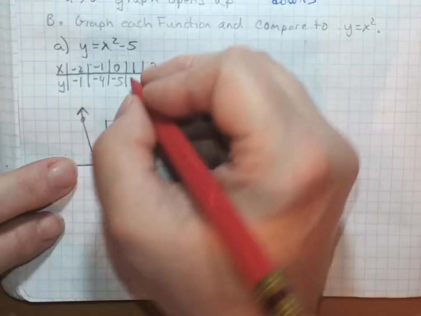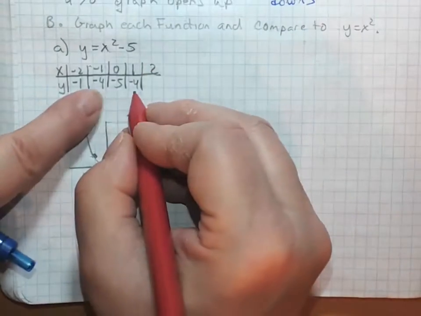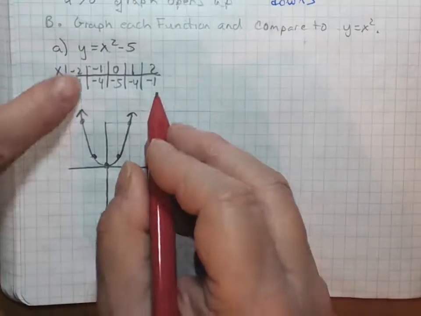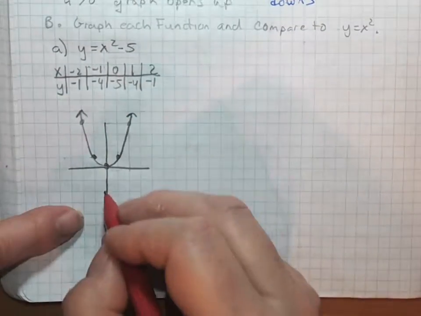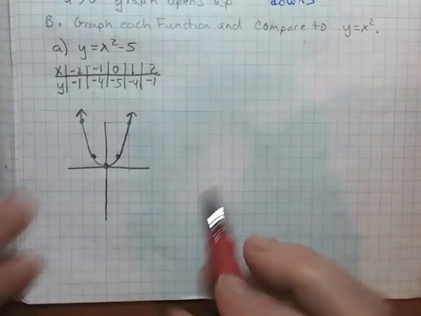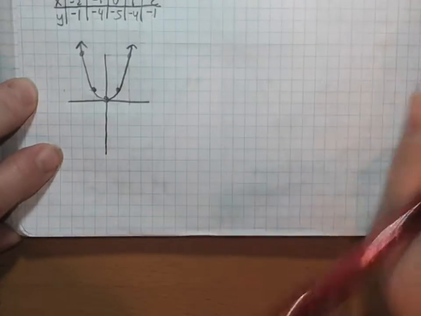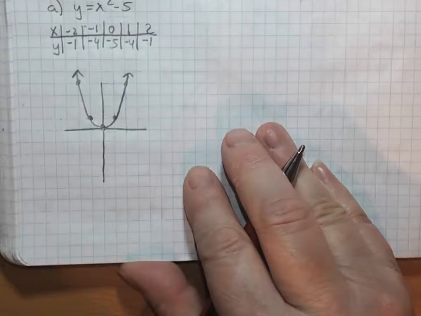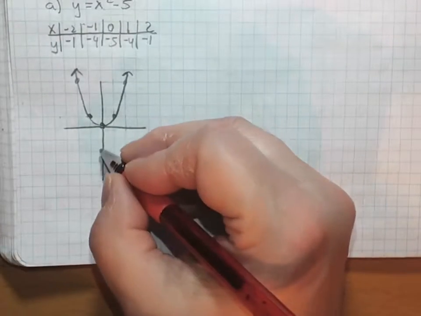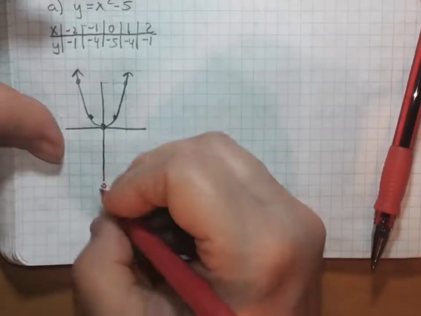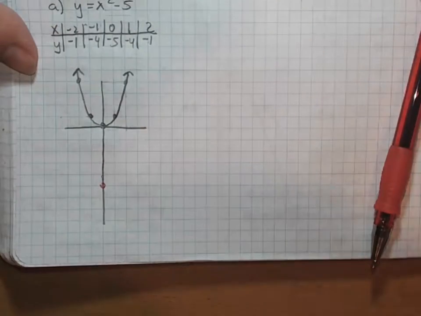1 squared is 1, minus 5 is negative 4, and you can see that balance happening, so guess what's going to happen here? This is going to be negative 1. It's going to match. All right, so let's plot those points. Use a new color. So 0, negative 5. Right here, make my axis a little bit longer.